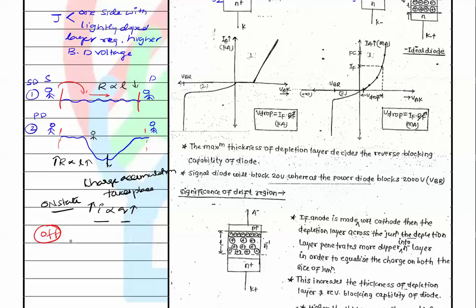So the blocking voltage capability increases here. So by using power semiconductor devices which have a drift region, that is the n minus region, we can increase the resistance and we can increase the current carrying capability as well as the voltage blocking capability of the device.